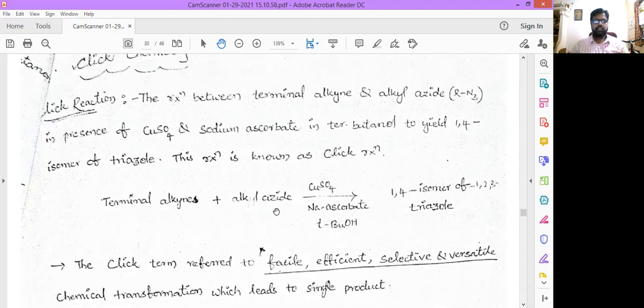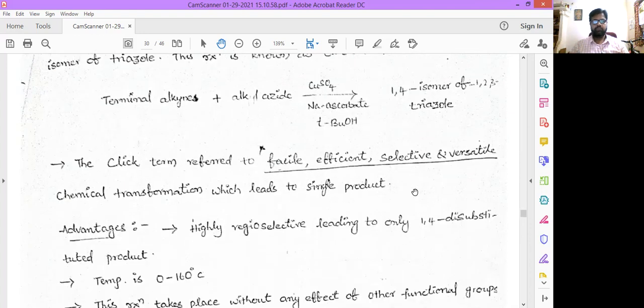So terminal alkynes and alkyl azides in presence of copper sulfate and sodium ascorbate and tertiary butanol give the 1,4 isomer of 1,2,3 triazoles.